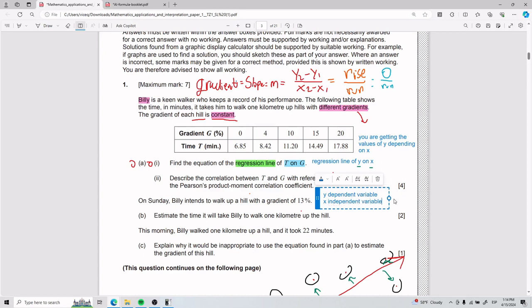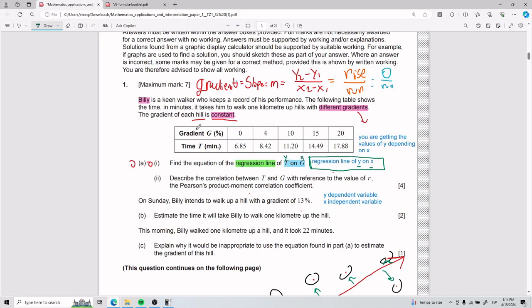Notice how in this general form, Y is the first one, X is the second. So if you remember that, this T is going to be your Y and this G is going to be your X.